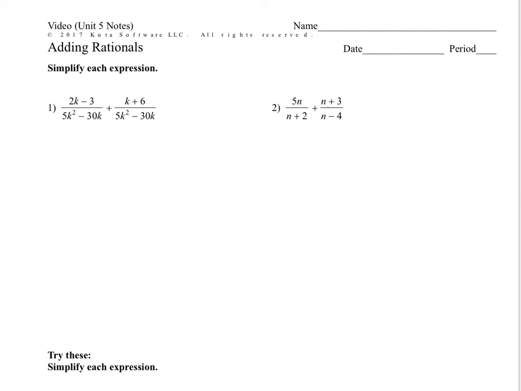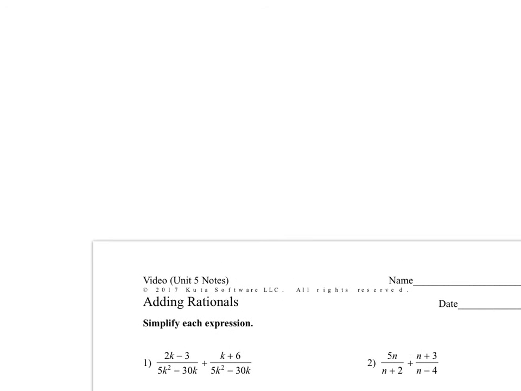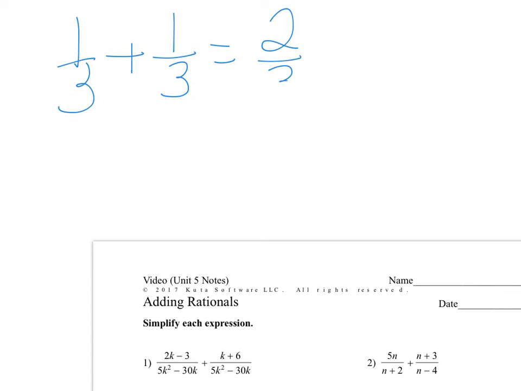All right, so we are adding rationals. Before we even get into this, I want to just remind you of something. You might not like it, but deal with it. Where we add fractions, if I have 1/3 plus 1/3, that's going to give me 2/3, okay?